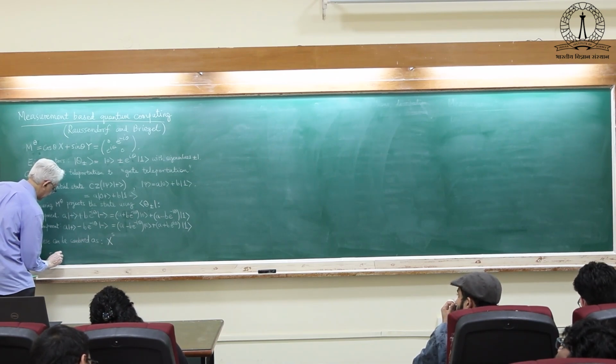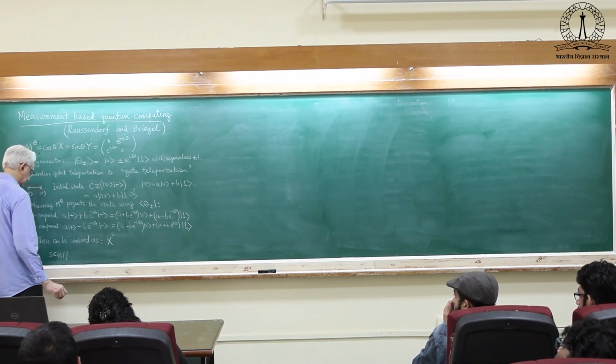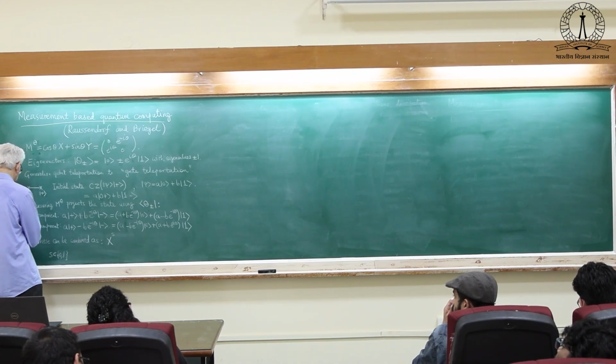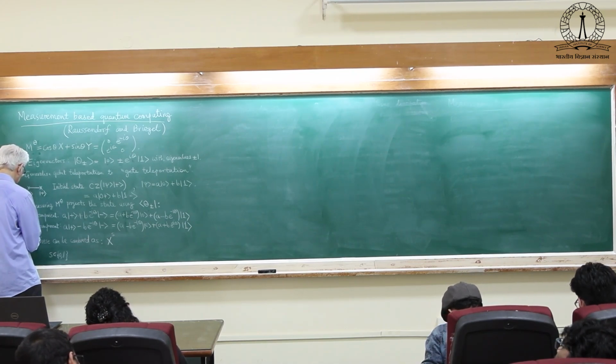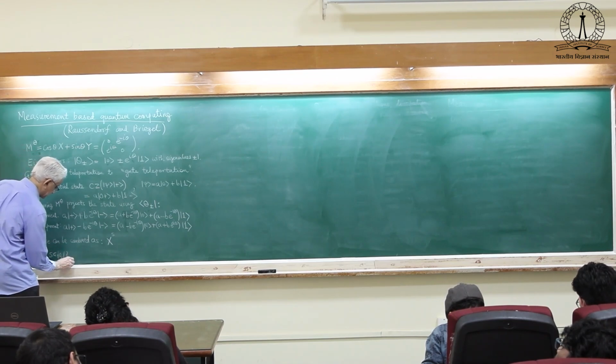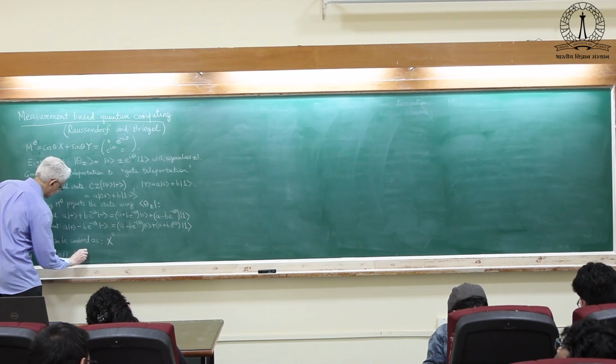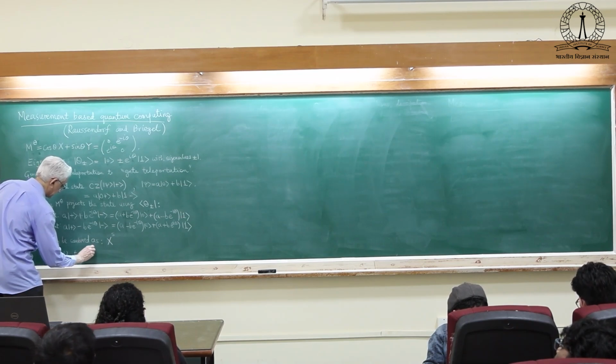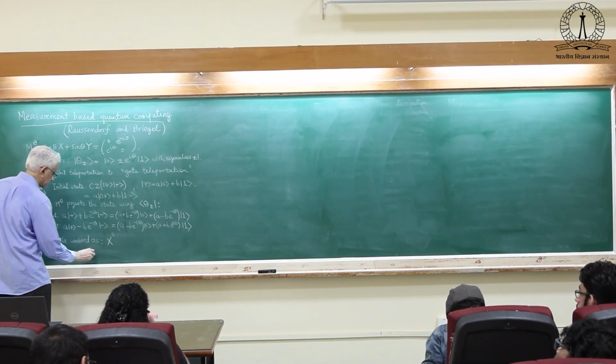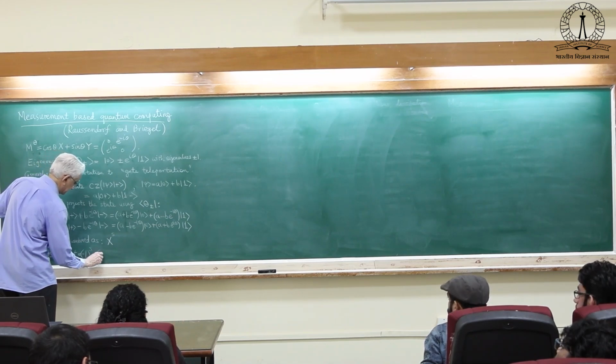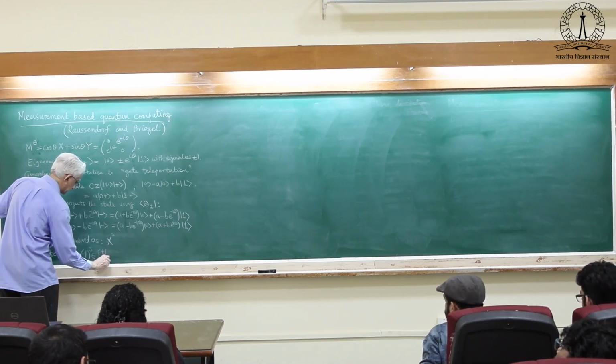So, it is in the set 0 and 1, this is 0 and this is 1. And another notation which turns out to be useful is related to this, which is t is equal to minus 1 to the power s, which maps this to plus 1 and minus 1.